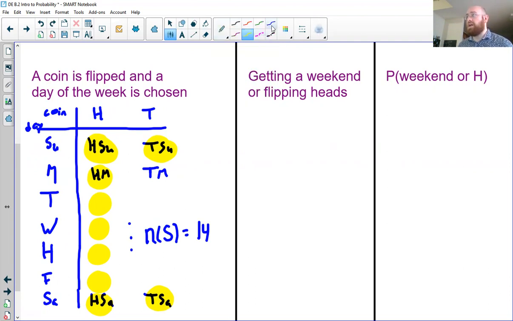So if we come back to our pen, that's 1, 2, 3, 4, 5, 6, 7, 8, 9. So the size of our event is 9. Whoops, forgot the equal sign. And so the probability of randomly getting a weekend or heads would be 9 over 14. There we go.